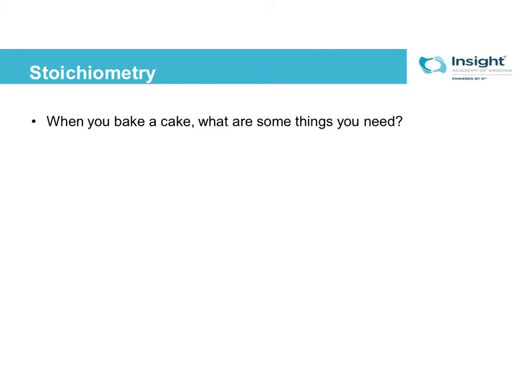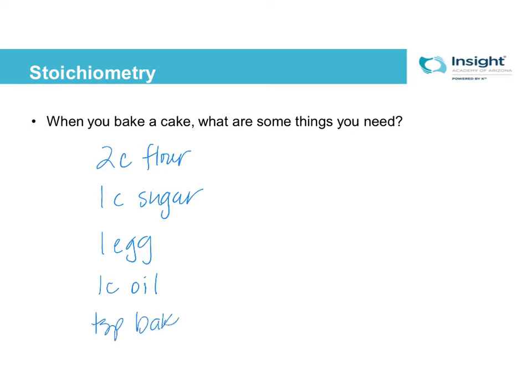So, the first thing I want you to think about is something you've got familiarity with. If you've never baked a cake, you've at least eaten cake. And you probably have a general idea of some of the things you need when making a cake. All right, you might need 2 cups of flour and 1 cup sugar, maybe an egg, some oil, maybe a teaspoon of baking powder or something like that.